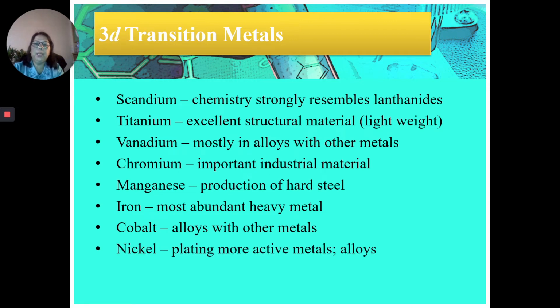Then nickel plating, I'm sure some gentlemen know this. Nickel plating is the one responsible for the aluminum-like or silvery finishing of the back of tricycles, the body of tricycles, that is now banned because of its reflective property to light.